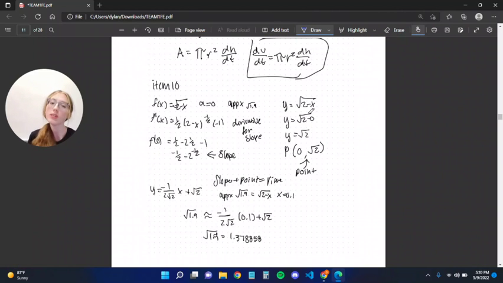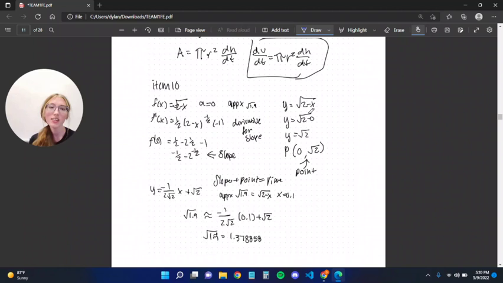Item 10, you're linearizing the square root of 2 minus x to approximate the square root of 1.9. This whole thing is to appreciate how people did this before calculators.